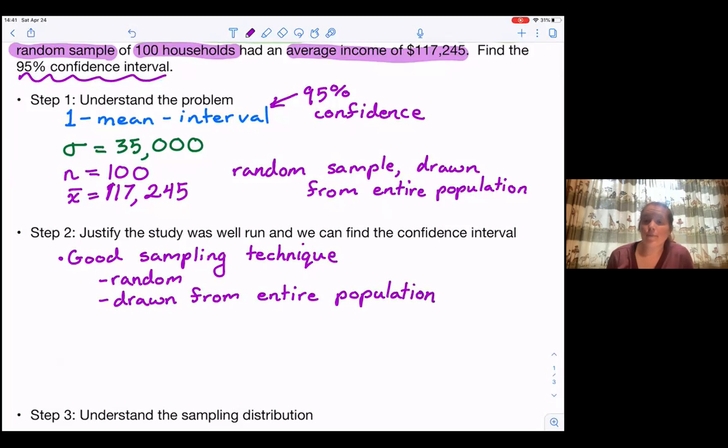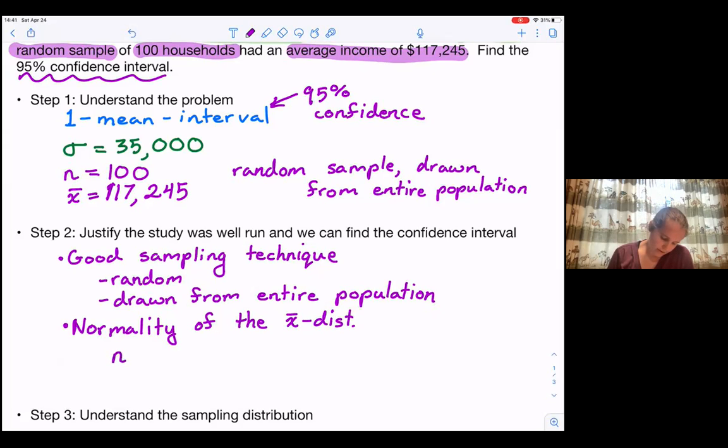And then for our normality conditions, normality of the x bar distribution, we just need to either have normality of the population data, which we were not told, or we simply need our sample size to be 30 or larger.